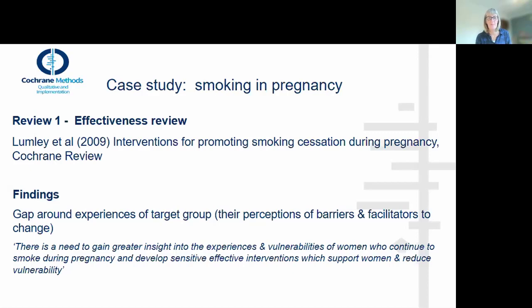But at the time, one of the recommendations from this review was that the effectiveness review identified a gap around experiences of the target group, particularly perceptions of barriers and facilitators to change. There was a need to gain greater insight into the experiences and vulnerabilities of women who continue to smoke in pregnancy, and out of that develop sensitive and effective interventions which support women.